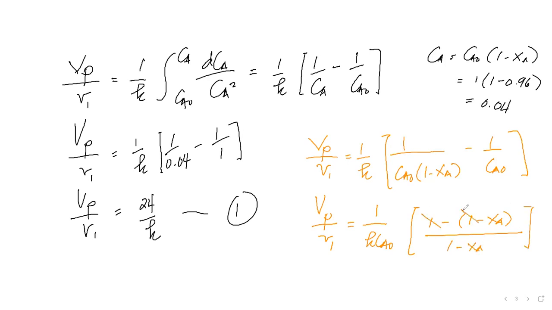So this will cancel. And your general formula without values being substituted would be 1 over K CAO times the quantity XA over 1 minus XA equal to VP over V1 for your plug flow reactor.